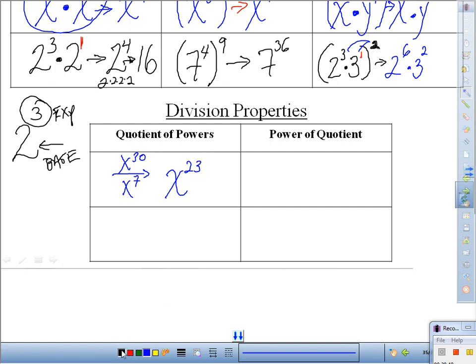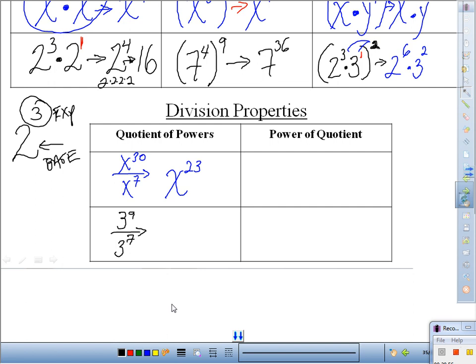All right, do that with numbers. 3 to the 9th over 3 to the 7th. All right. Let's see.